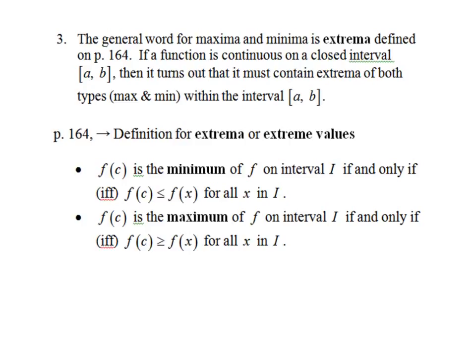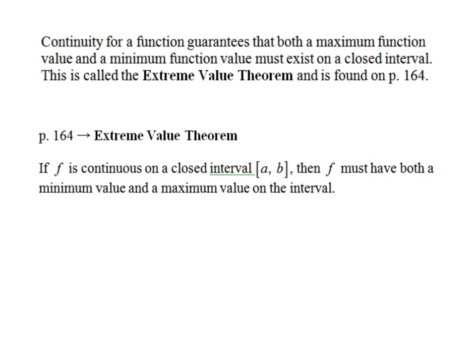But we should understand that some function value f of c is going to be a minimum of f on some interval I, as long as it is less than or equal to all the other output values for x in that interval I. And by the same token, f of c would be a maximum if it's greater than or equal to all the other f of x values in I. It shouldn't be too much of a leap if you just want to play around and make some drawings.